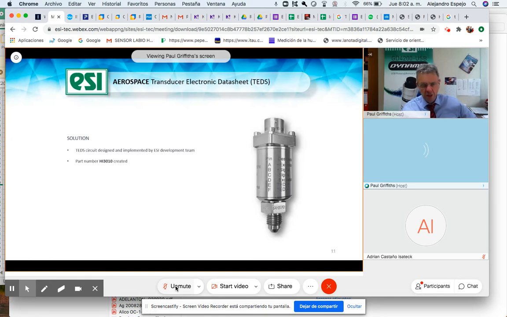Now, the customer has a data acquisition system that works to the TEDS standard. So they wanted the transmitter supplied with no data. The EEPROM was left completely blank, no information on the EEPROM. And when they received the units, every unit they received, they put through their own calibration process.